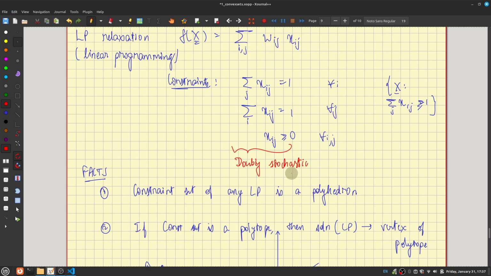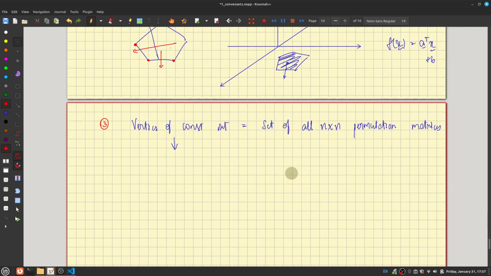All right, and there is a very nice result called, just for your information, the Birkhoff von Neumann theorem, which basically says that the set of vertices of doubly stochastic matrices is equal to the set of all n by n permutation matrices.